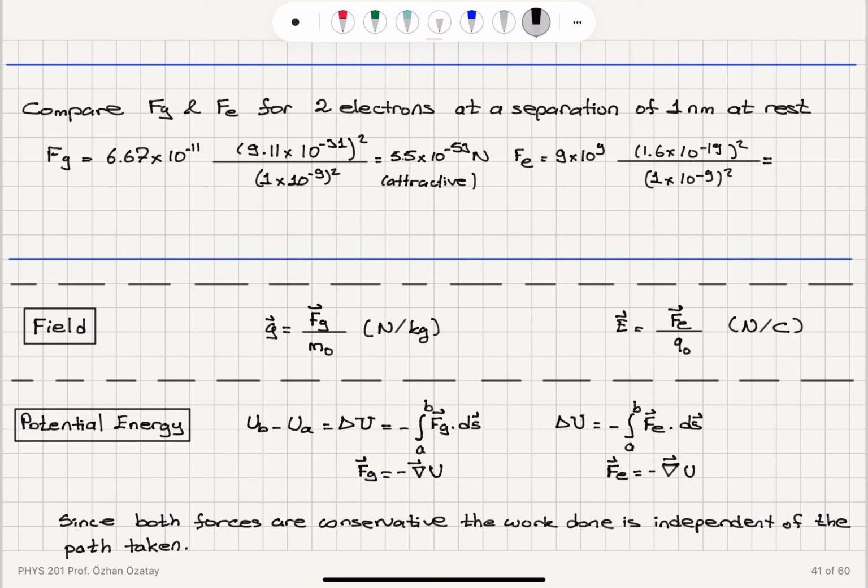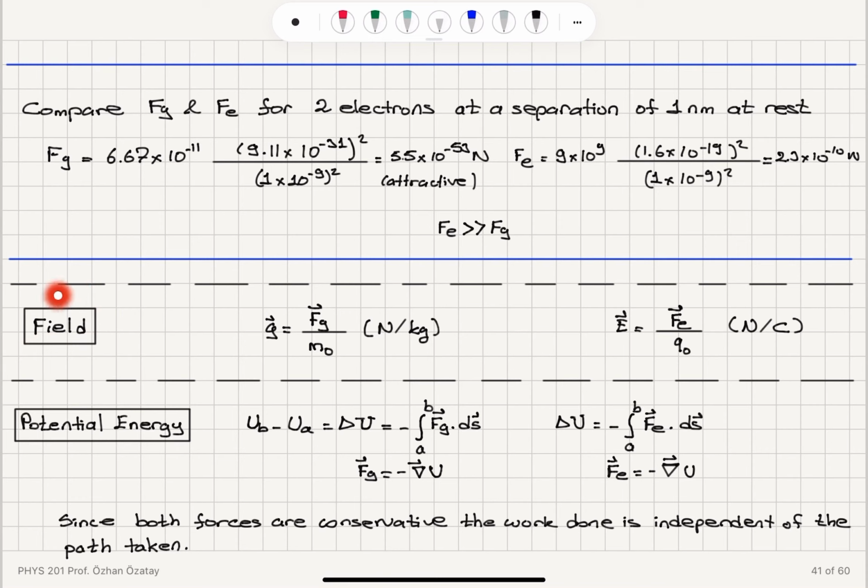The force is 2.3 times 10 to the minus 10 newtons. Now you can see that for two electrons at a separation of 1 nanometer at rest, the order of magnitude of the electrostatic force is much, much greater than the gravitational force.